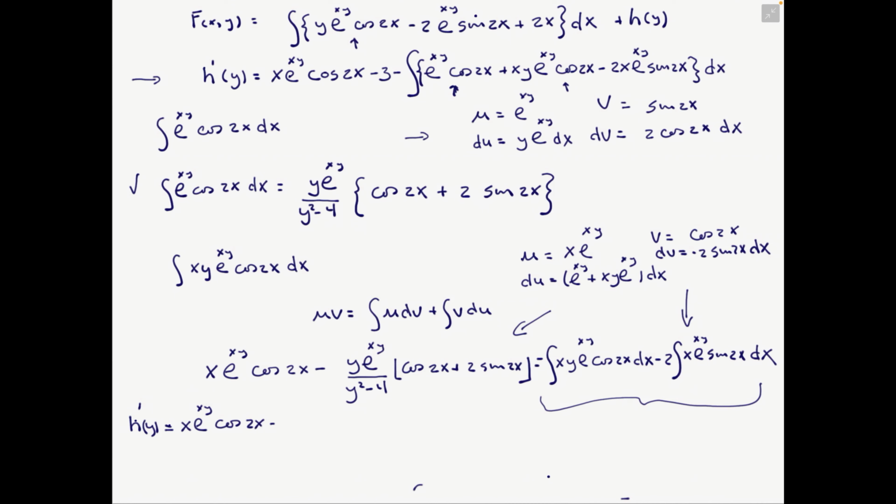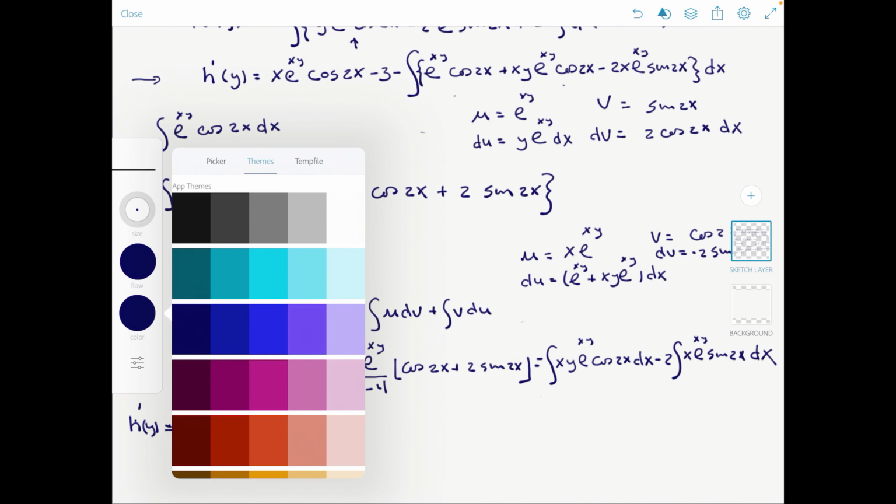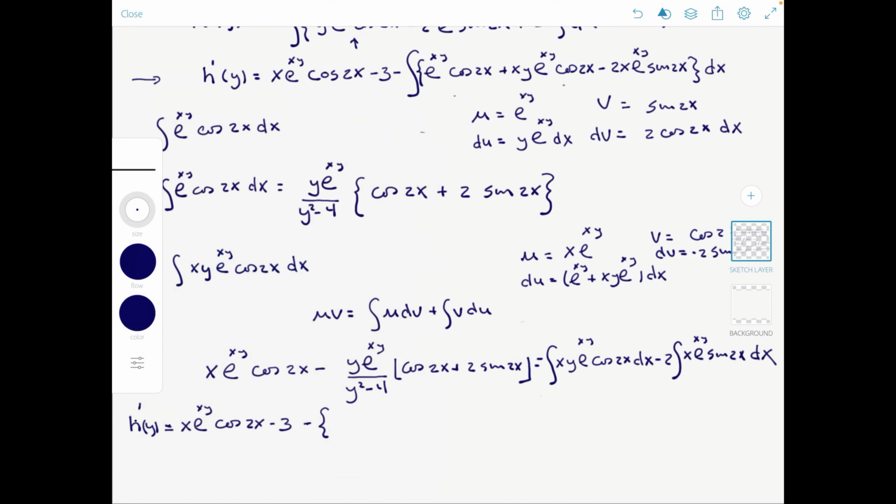And when you recognize that, you end up with an h prime of y, it's going to be long, equal to x e to the xy cosine 2x minus 3 minus... let me clear this up.